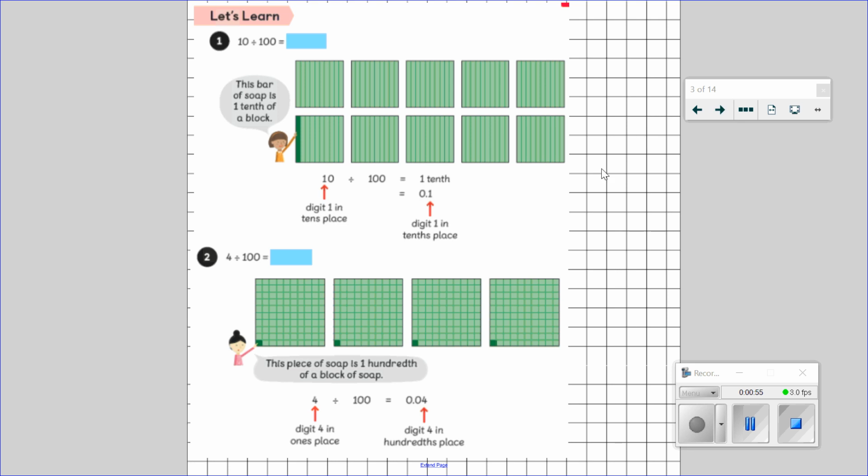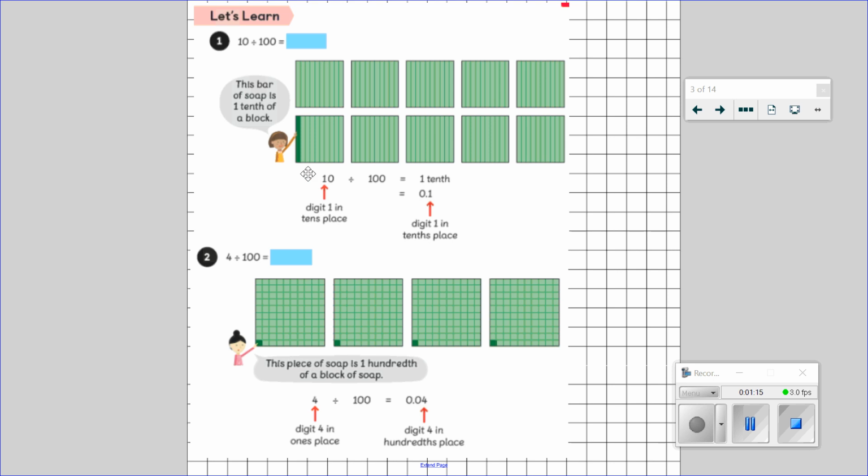So here's our Let's Learn, and we've got Amira and Ruby here to help. And these are our 14 blocks of soap, and you can see they have been split into 10 and 4. Amira is taking the 10 blocks and dividing it by 100.